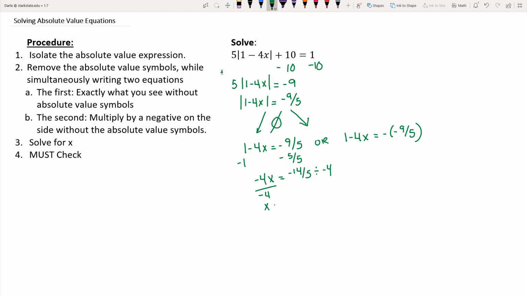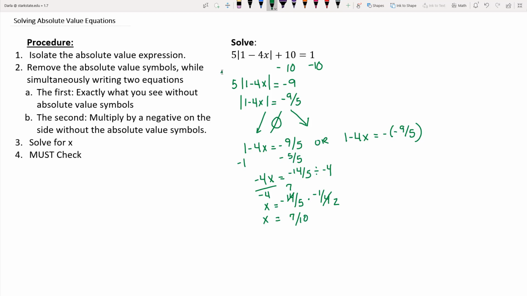That gives us x equals negative 14 fifths times the reciprocal of negative 4, which is negative 1/4. So that ends up being positive, and then we could cancel. 2 goes into 4 twice, 2 goes into 14 7 times, and so that'll give us 7 times 1 is 7, and 5 times 2 is 10, so 7 tenths.